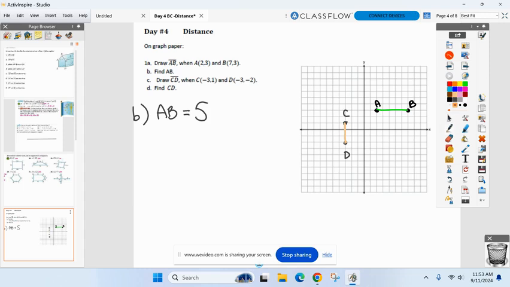And then as we answer part D, notice I dropped the segment symbol above it again. So I'm looking for the length of CD. And we count, and it's 1, 2, 3 units long.